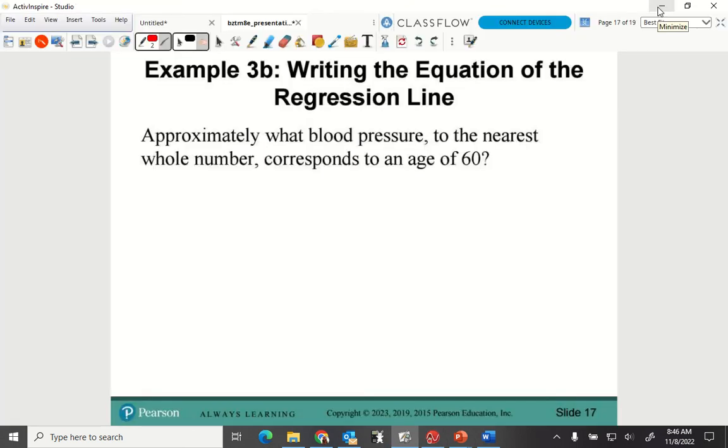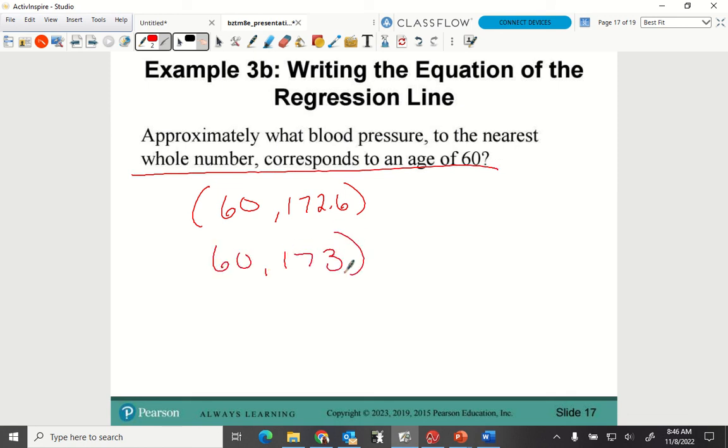So we said my coordinate is 60 and 172.6. To the nearest whole number would mean that this is going to be 60 and 173. Because that 6 is going to make it round up anyway, right? Make sense or nonsense? All you have to do is put stuff in the calculator.